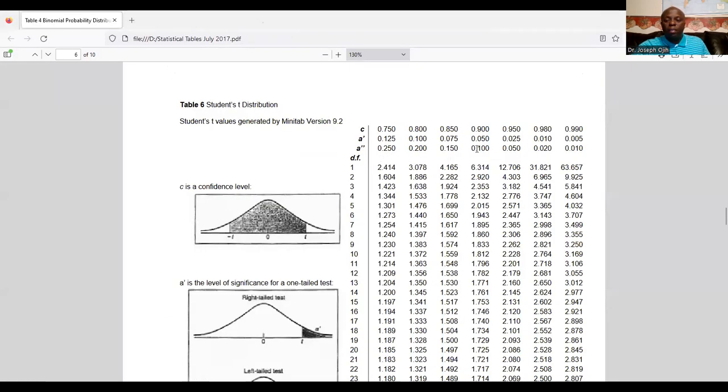You follow it to go under 0.10, and you can see that with 9 degrees of freedom, the value is 1.833. Write it down, 1.833. So I'm going to go there and put it in, 1.833.